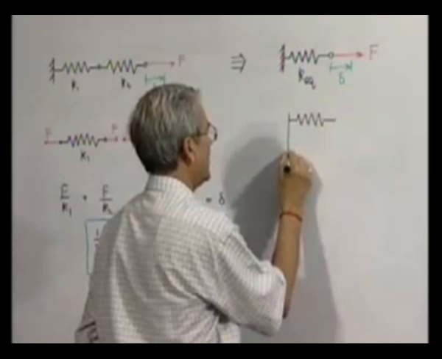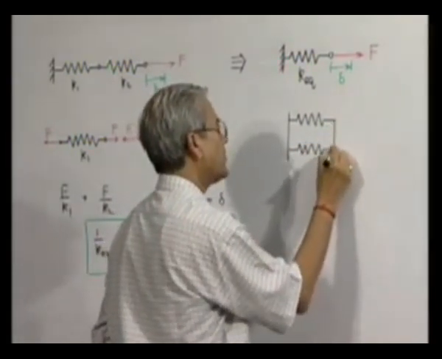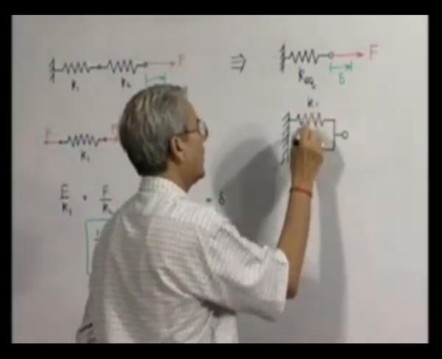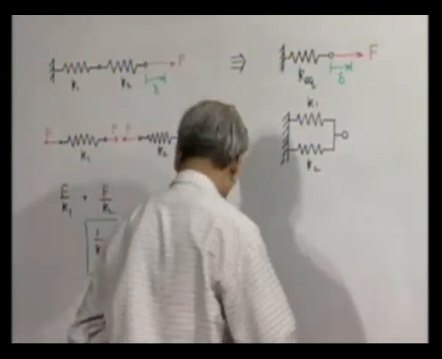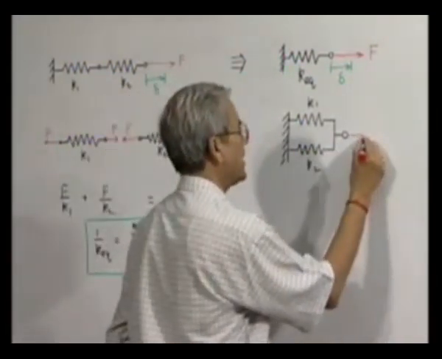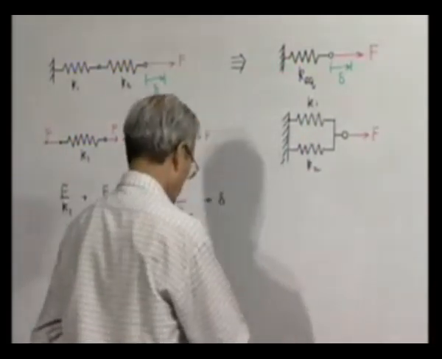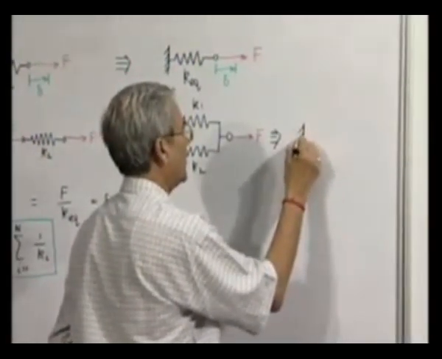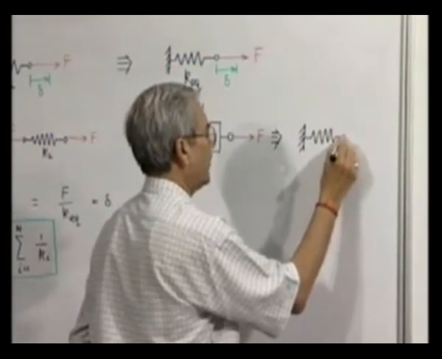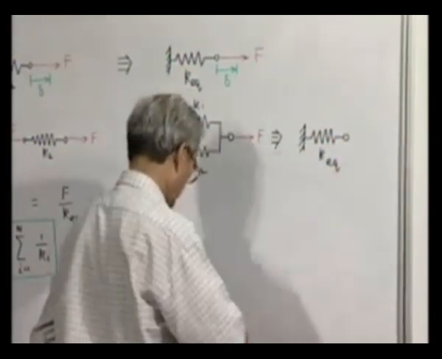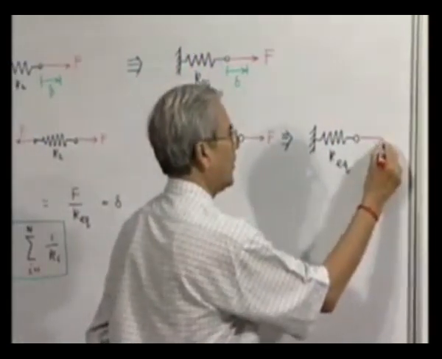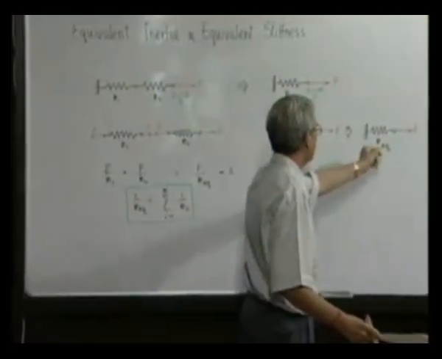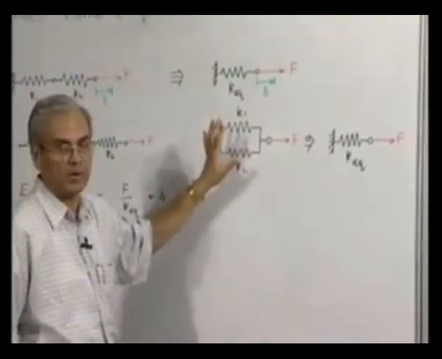Now, the other possible case, that is when springs are in parallel. Again we will consider the case of two springs which are now in parallel and subjected to a force F. We have to find out an equivalent stiffness for a simple spring which can represent the stiffness of the original system.